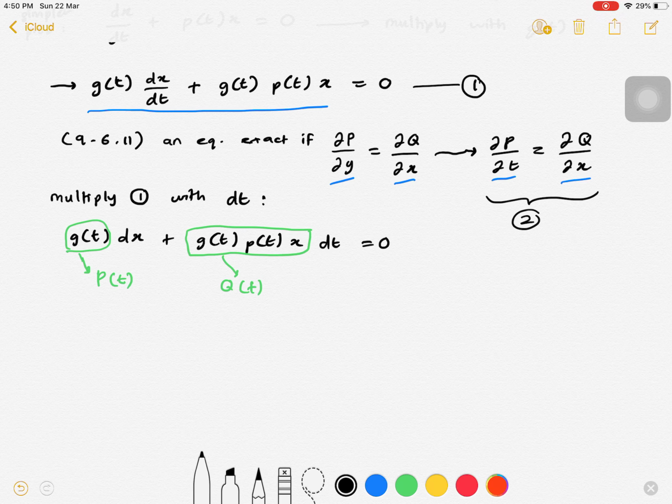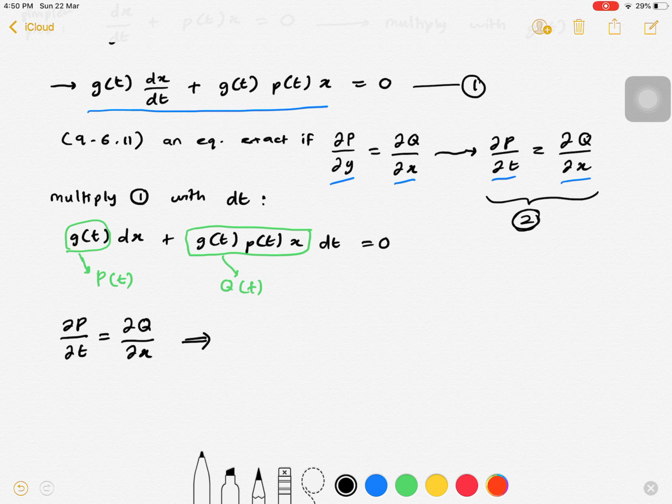Okay, when we compare the equation in the green box with equation 2 right here, we can write again: delta P over delta t is equal to delta Q over delta x.